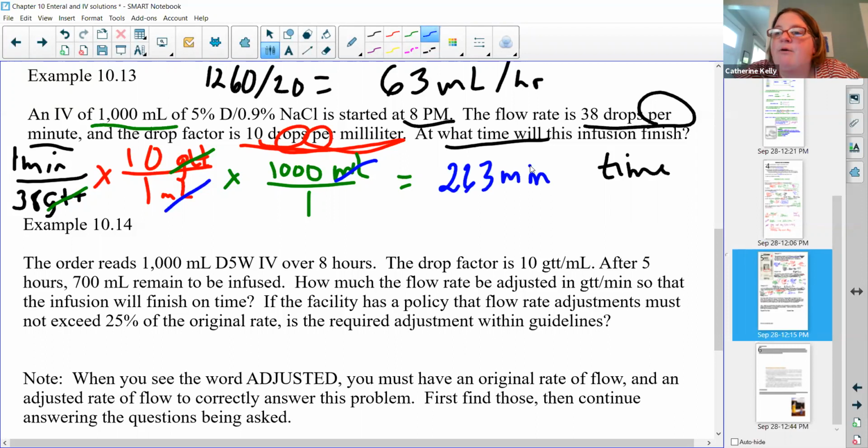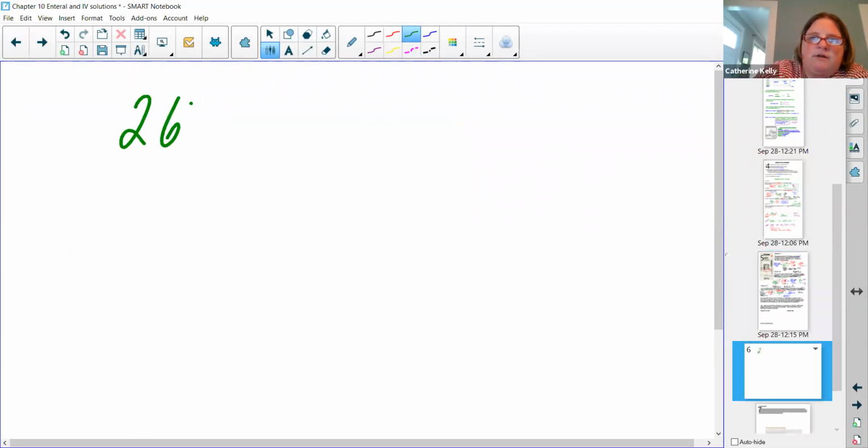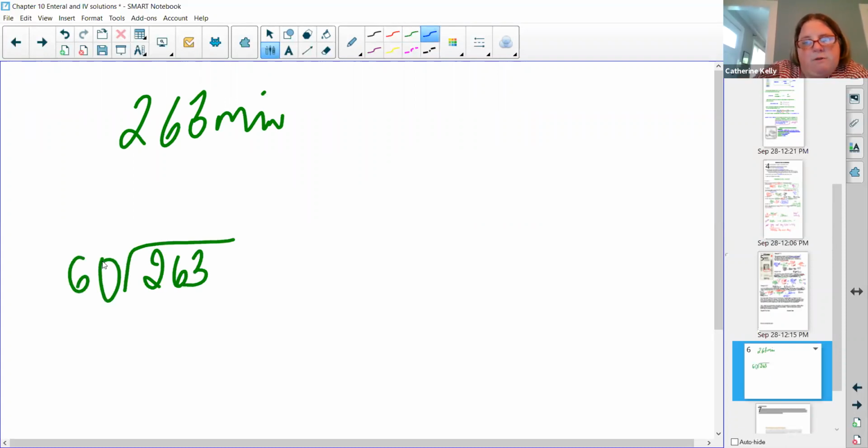But remember, time has to be in hours and minutes. So you have to make that into hours and minutes. So if I do the long way, because I like that better, I put 60 minutes into 263 minutes. 6 goes into 26 4 times because it's 240.